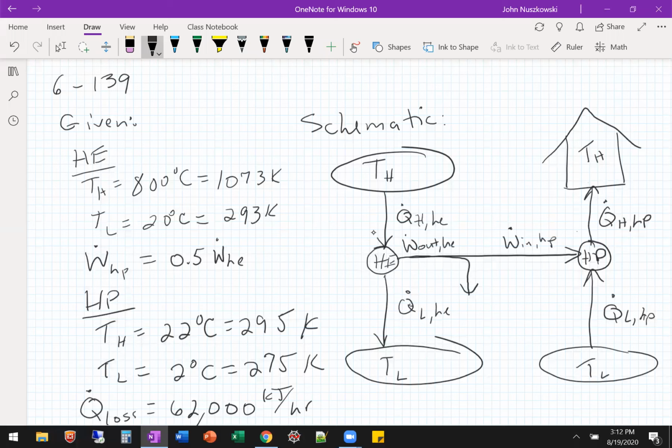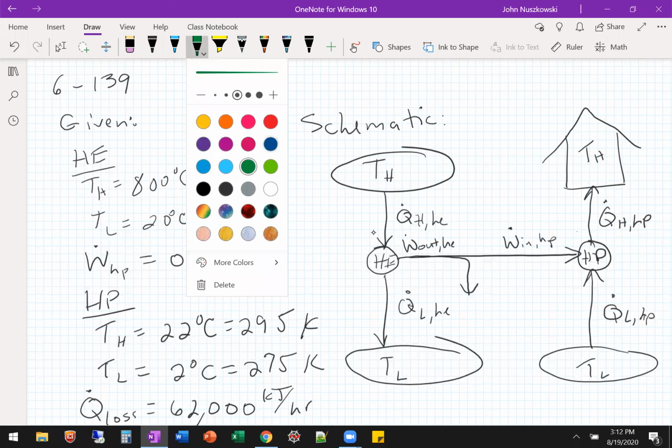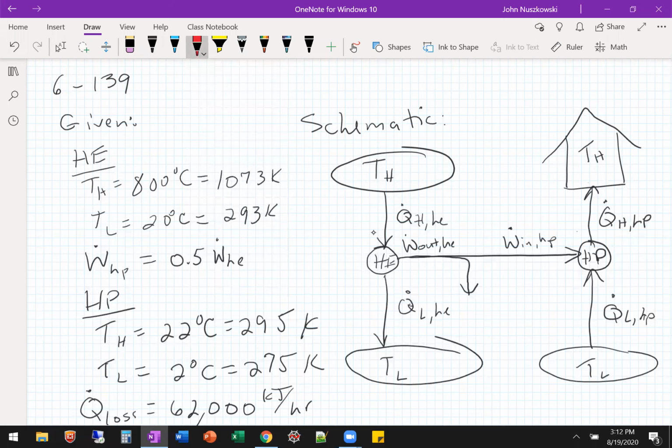So we have the work out of the heat engine. Half of it basically goes to the heat pump, right? And we have our Q dot loss from the house. Okay, I think I got everything here.